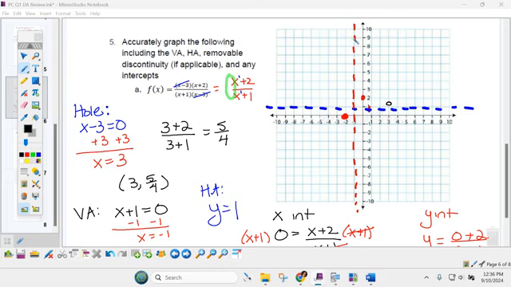When I connect my pieces, approach the asymptote, leave a gap for the hole, approach the asymptote, and there is our accurately graphed vertical asymptote now in the correct place, horizontal asymptote, removable discontinuity, and we've got the y and x intercepts.